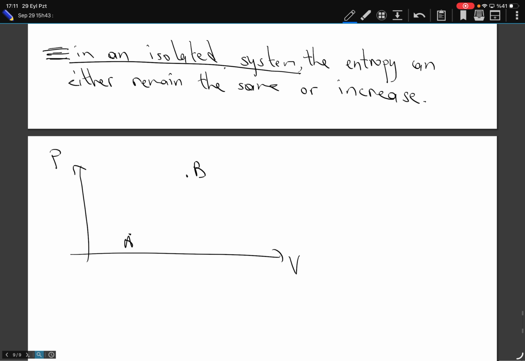Well, during the process, I cannot always talk about the pressure of the system. Even the volume is questionable. But let's say that I show the evolution of my system from state A to state B through this dashed line. Since it's not an equilibrium process, it doesn't need to have the same pressure throughout the volume. So that's why I cannot really show the evolution of the system in this PV diagram.